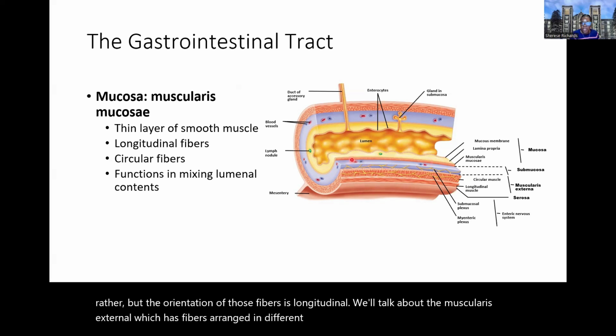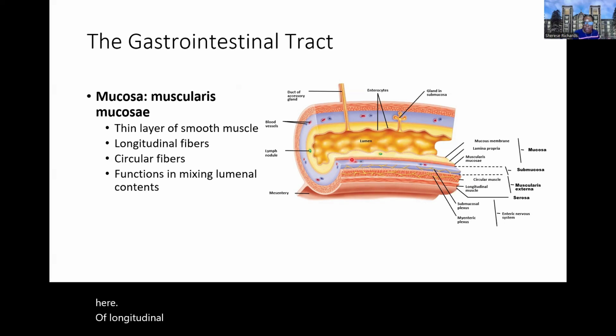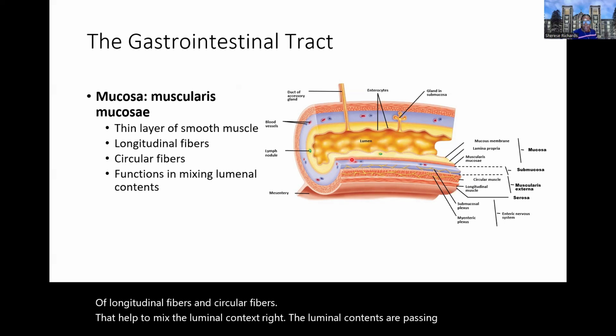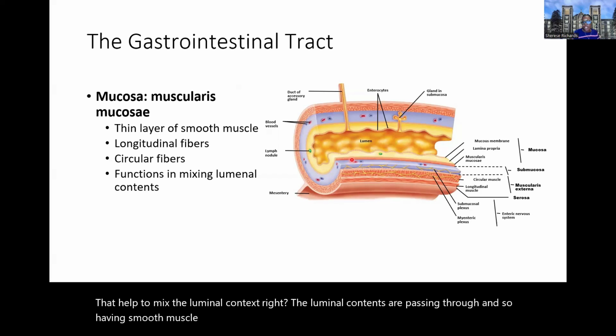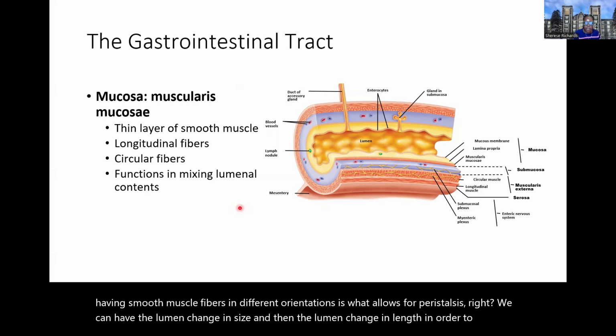So we're going to see a very thin layer here of longitudinal fibers and circular fibers that help to mix the luminal contents, right? The luminal contents are passing through, and so having smooth muscle fibers in different orientations is what allows for peristalsis, right? We can have the lumen change in size and then the lumen change in length in order to move those contents along.